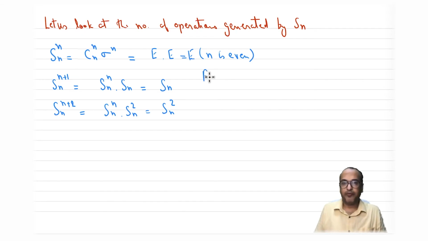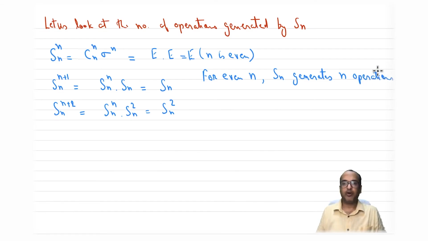So we can safely say then for E1 n, Sn generates n operations. We will see the odd case also, but this is for even n. Okay, n operations.